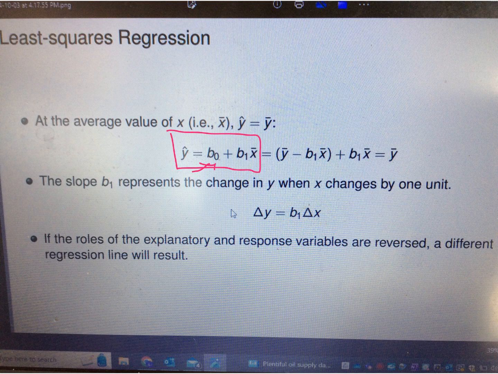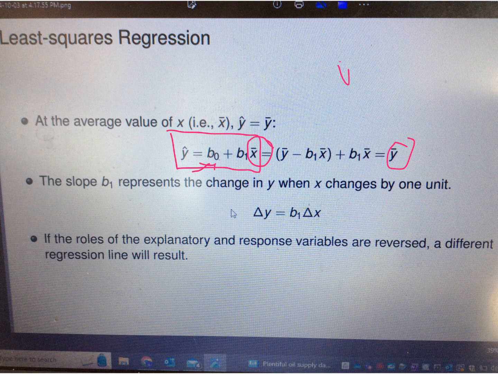Okay. What they're finding here is they're putting in x bar, not x. And that's going to give us a value that comes out to y bar, because we're looking at the average of the x's here. And so the value that we're going to get out is the average of the y's, because y is a function of x in our equation.